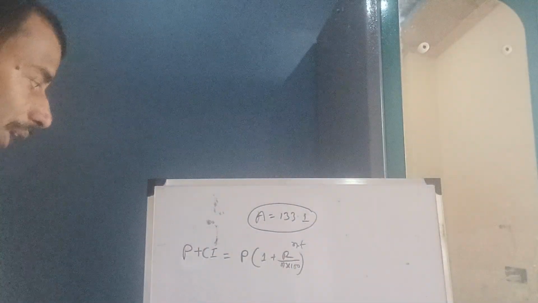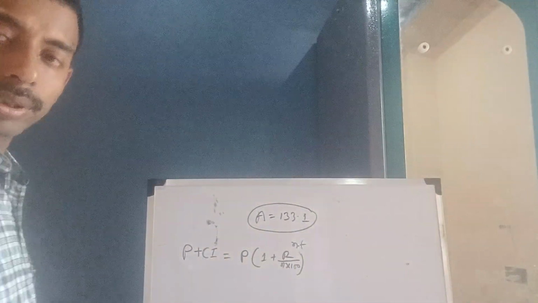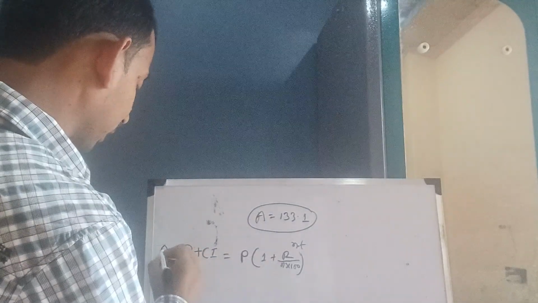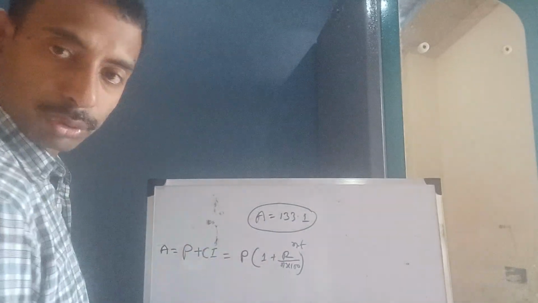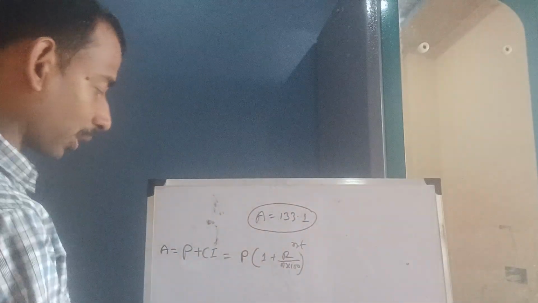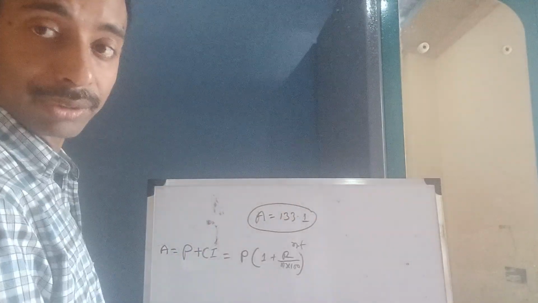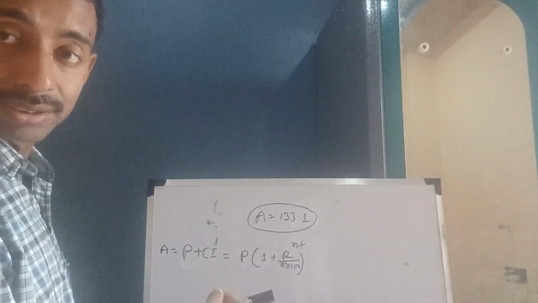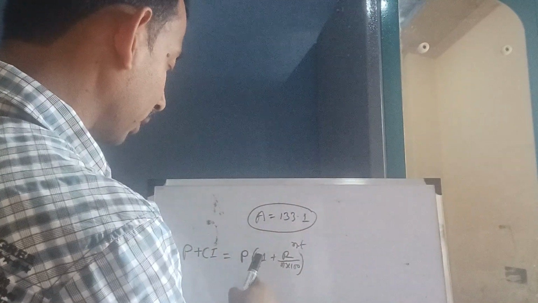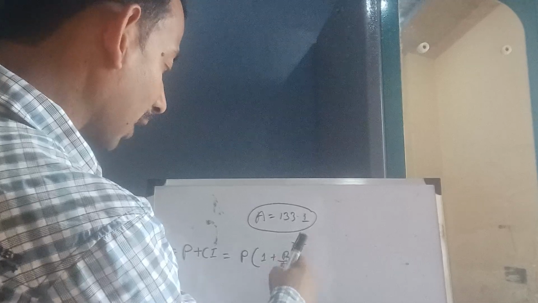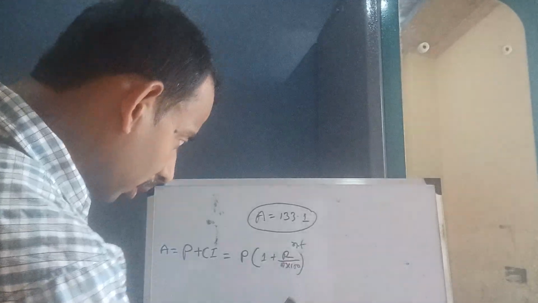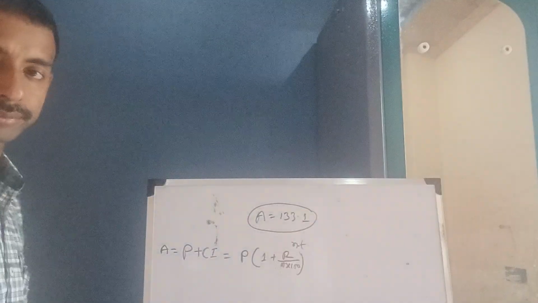So this is the formula. You would get the accumulated amount as return. Total amount means principal plus total interest. CI means compound interest. Total interest here, the compound interest, equals this formula: P into 1 plus r by n into 100, whole to the power n into t.